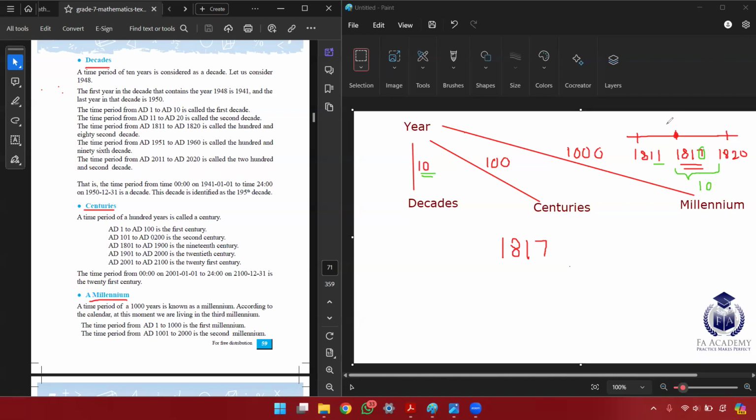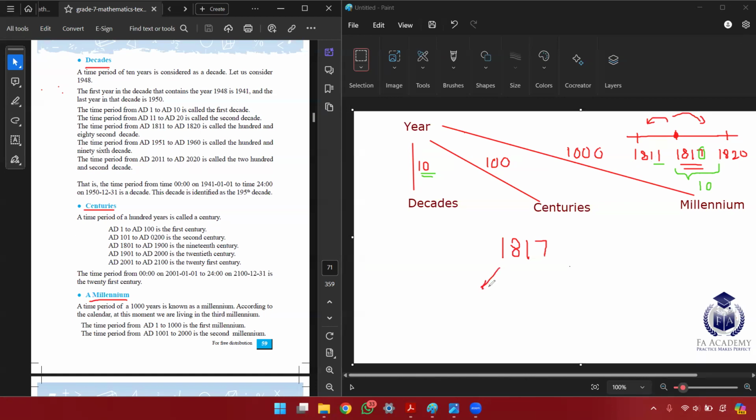So you need to look for the tens on both sides, and you shouldn't forget to change this into 1. That should definitely be 1. The reason we make it 1 is because we need only 10 years, not 11 years, right? When we take 1810, including 1810, it is 11 years. So we don't take that, but we do it this way.